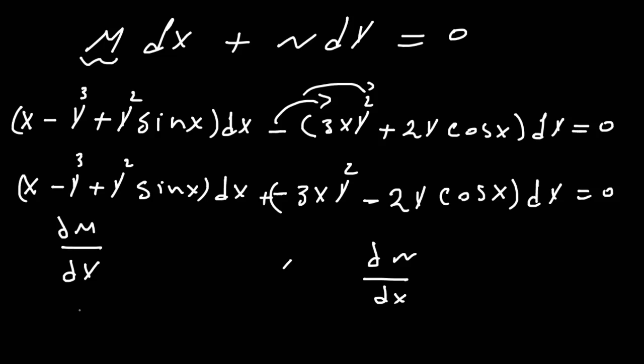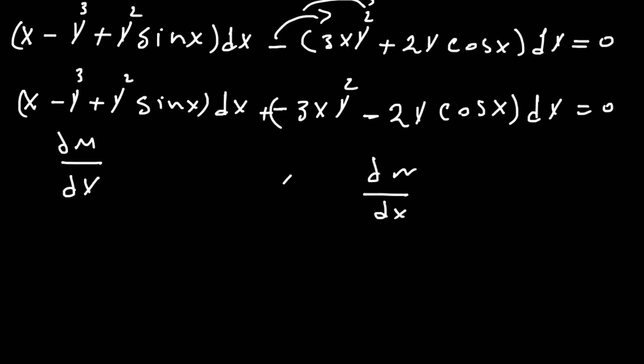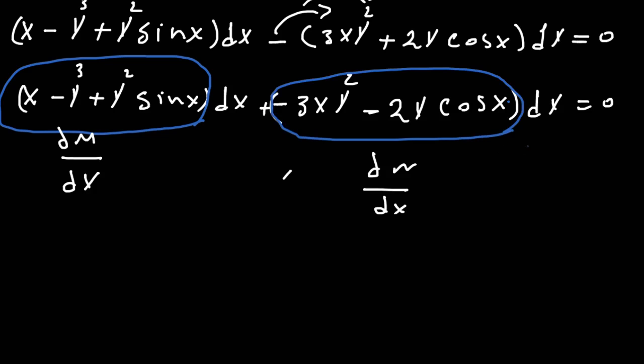So let's first try to find dM by dy. Okay, so we actually agreed that this part here, let's change color, this is our M, and the term that is associated with the dy is always going to be our N. So this is N and this is M.